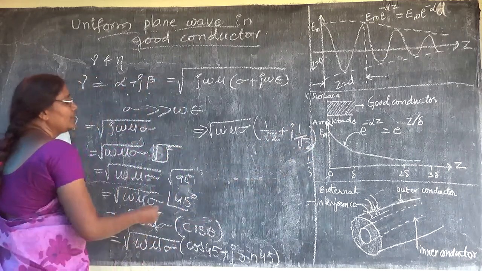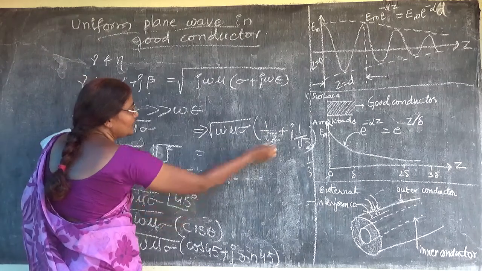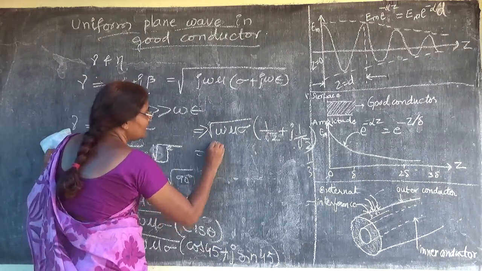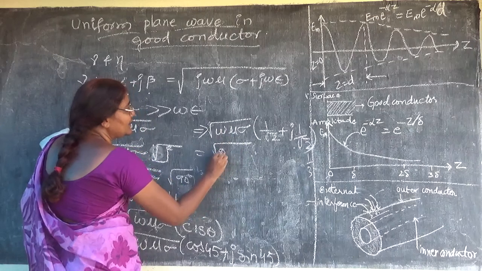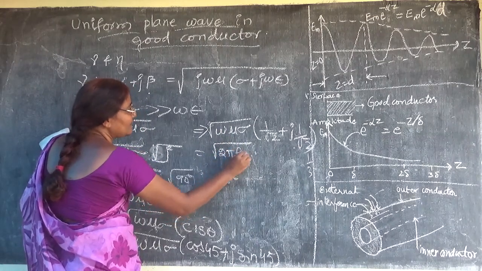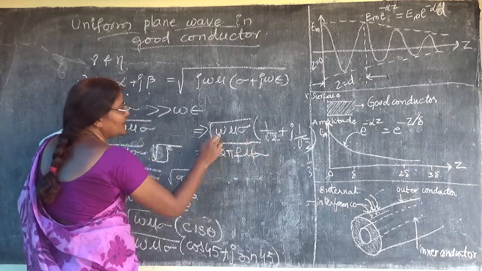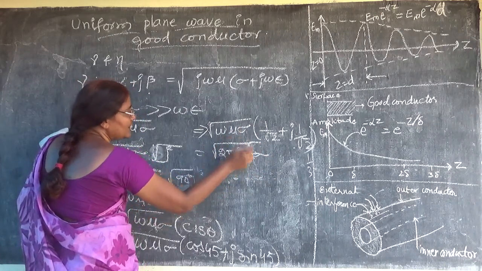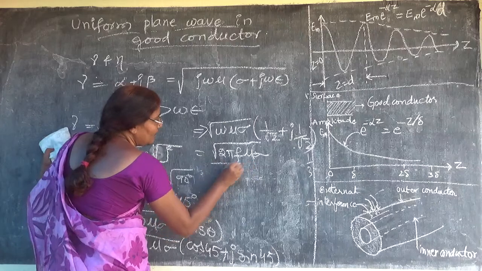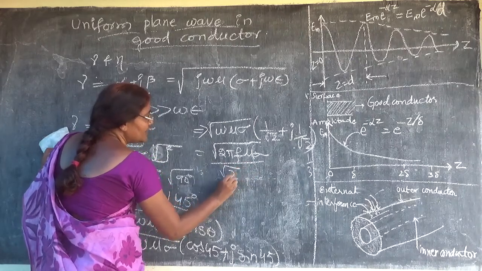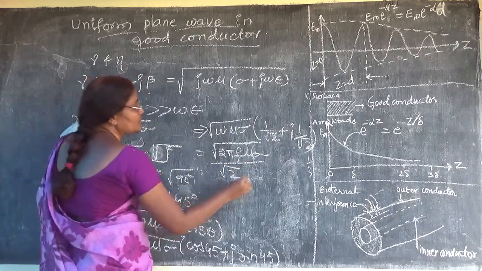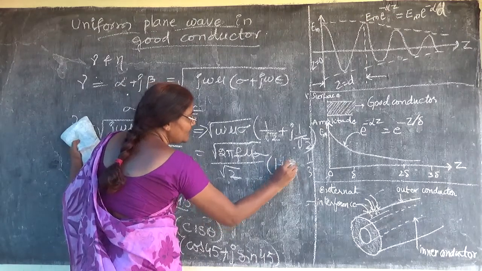Now I will take root 2 as common in the denominator. So omega can be written as 2 pi f, and mu and sigma I have written here by root 2. If I take root 2 as common, this will be root 2 and I am left with 1 plus j1.